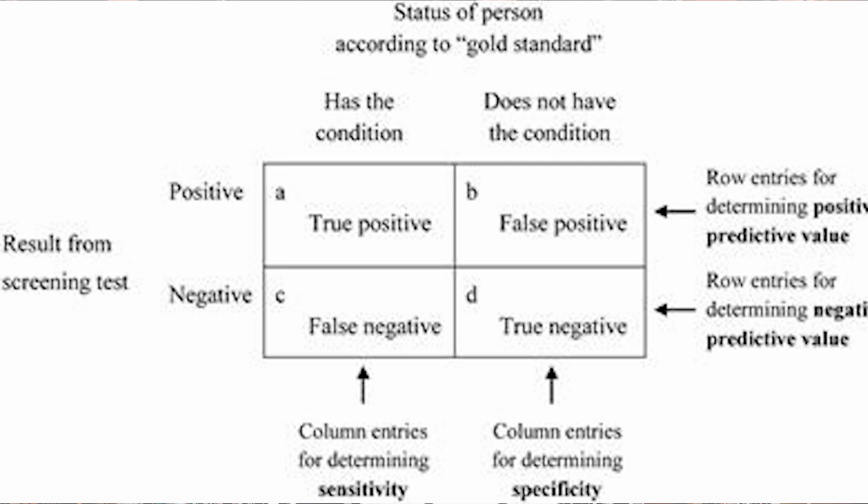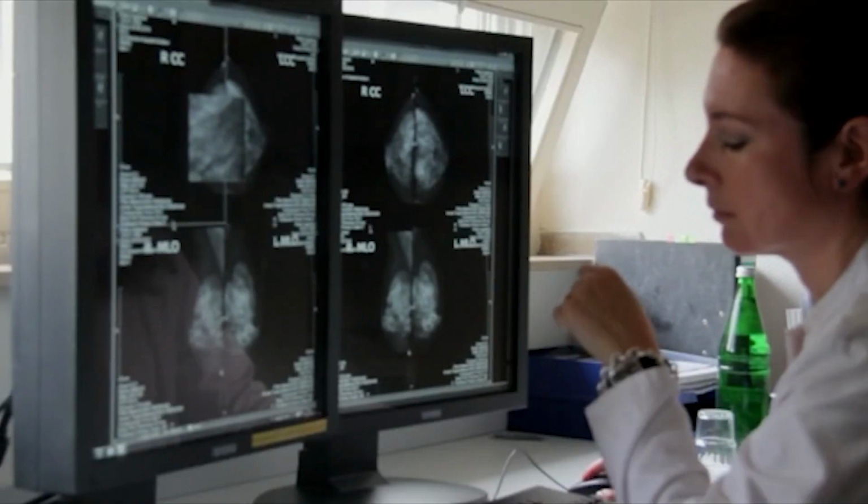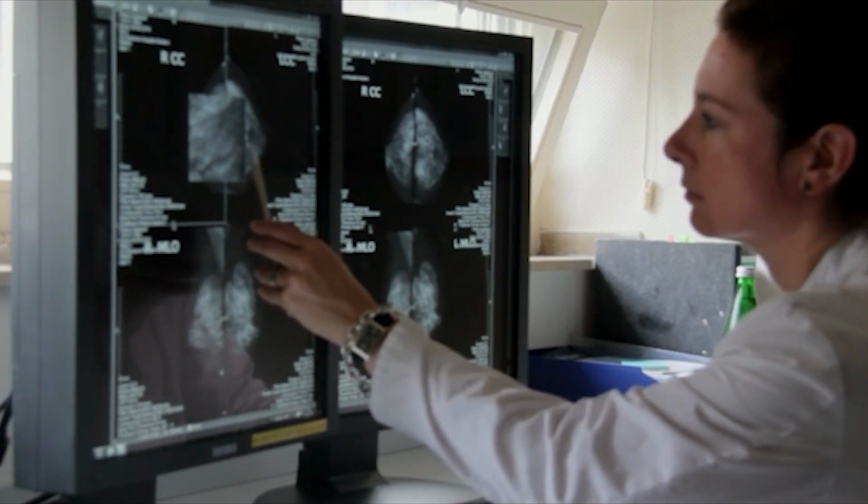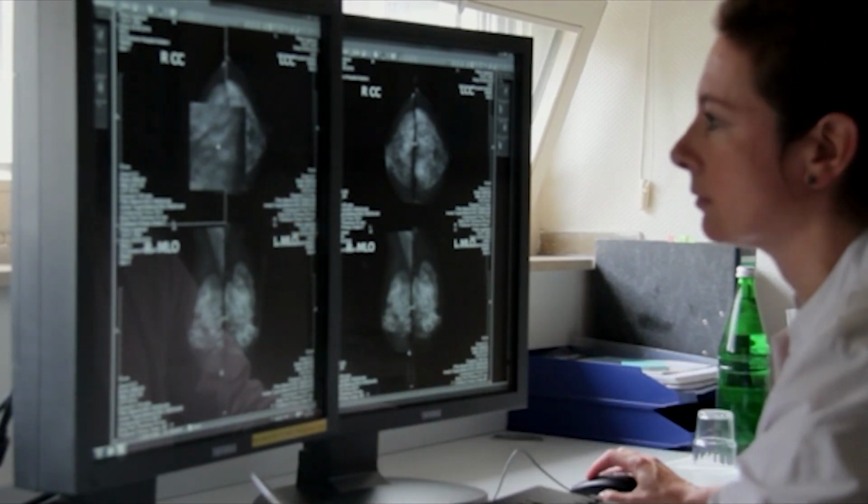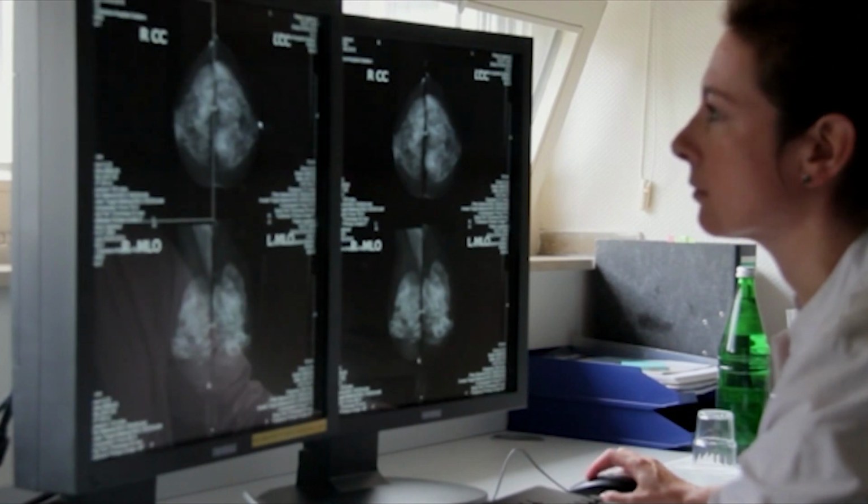People are assigned to one of 4 cells labeled A through D as shown in the figure, depending on whether they are definitely regarded as having or not having the target condition based on the reference standard, and whether the screening test yielded a positive result, the person appears to have the condition, or a negative result, the person appears not to have the condition.